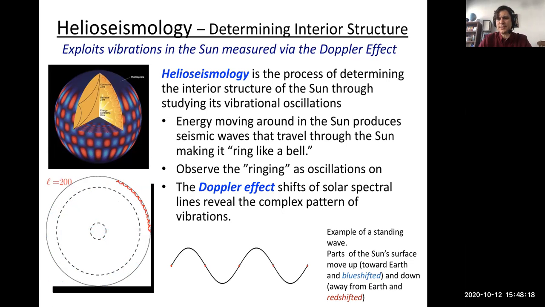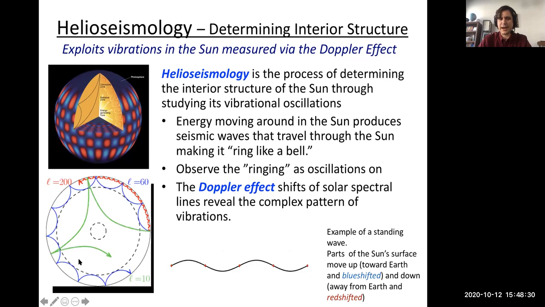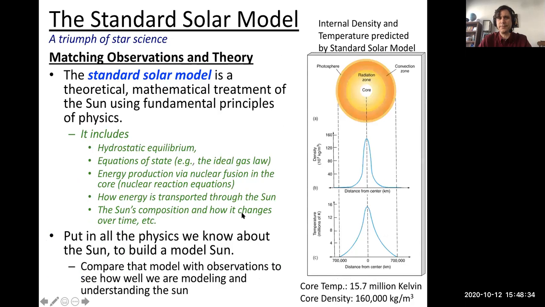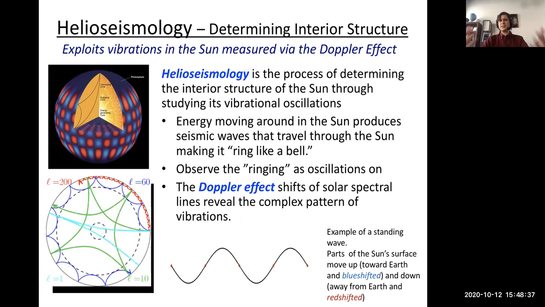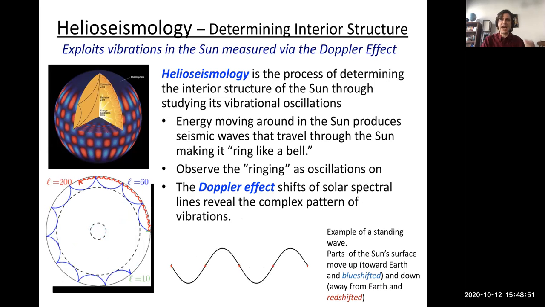And we can study those oscillations to look at the interior structure of the sun, because what those oscillations are, what the wavelengths are, and how it travels through the sun is determined by the interior density structure of the sun. So we can use helioseismology to actually probe the interior structure of the sun. These vibrations will actually give us the internal structure of the sun, which is just absolutely phenomenal.